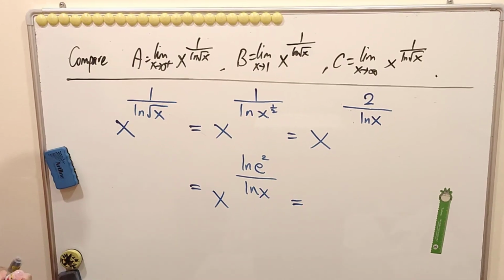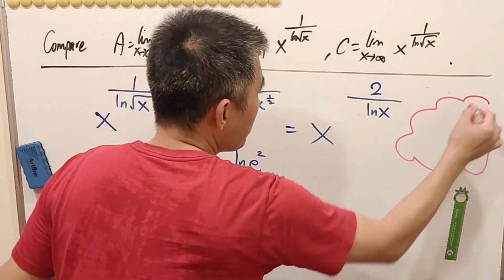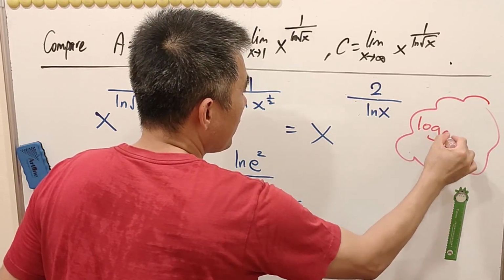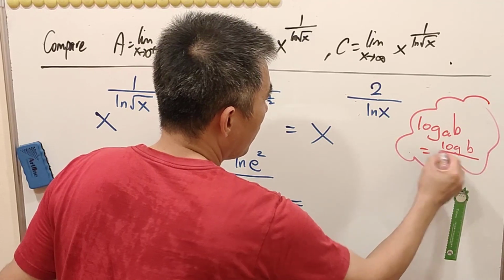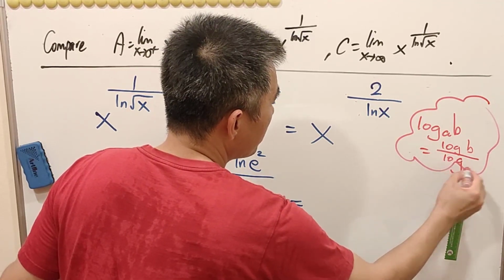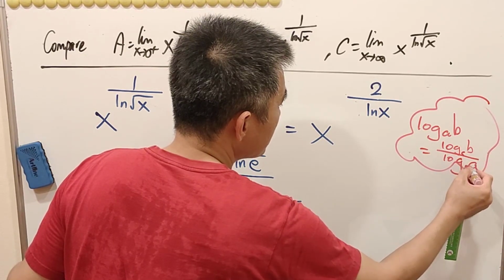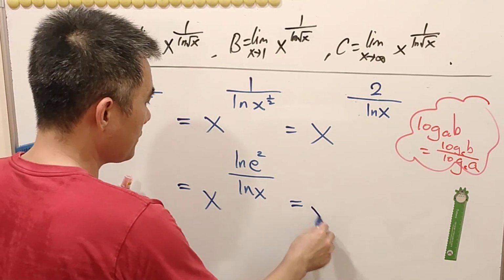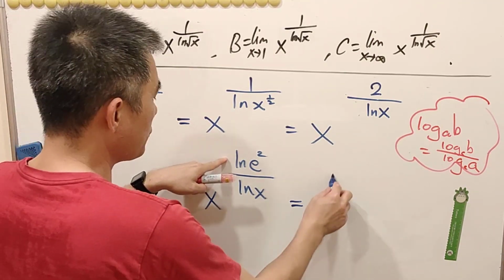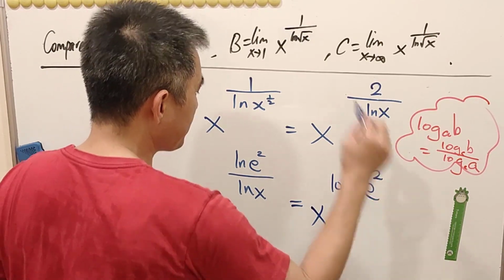Let us recall the property of log, that we have log_C A over log_C B equals log_B A, with the same base C. With this property, this is actually equal to log_x of e squared.